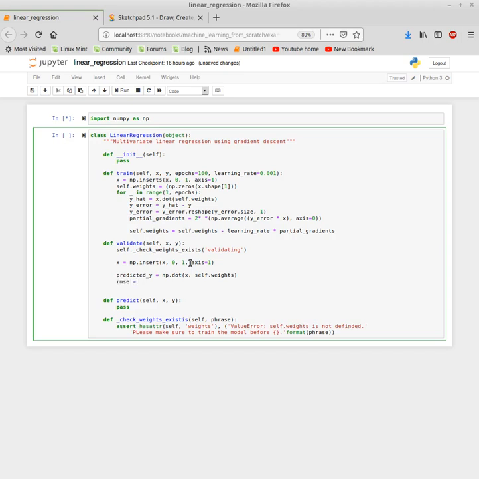Okay, RMSE equals np.sqrt(np.average). So this is root mean squared error. It's the very same thing as the mean squared error that we've been doing, right? We take the squared error, y hat minus y squared, and then mean it. So sigma, iterate over, sum it, and then divide by 1 over n. That's average.